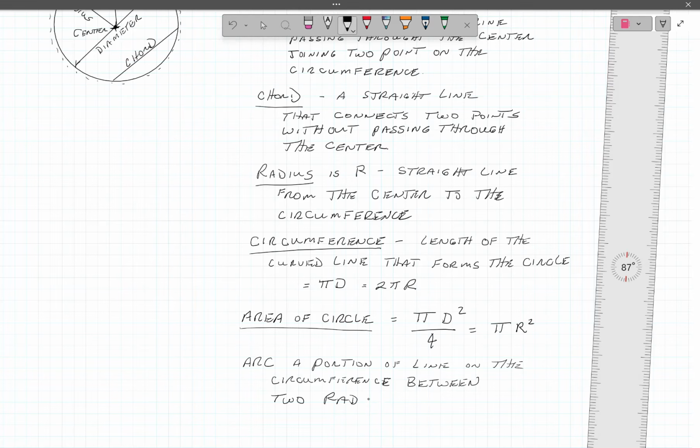Let's do those capital letters. Okay, so plural of radius is radii.